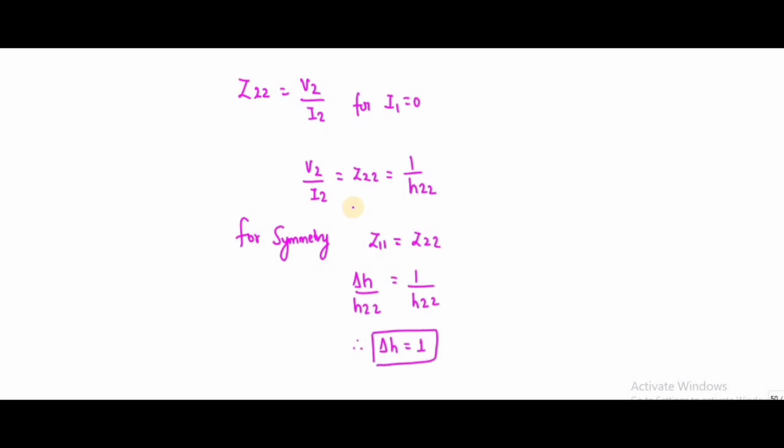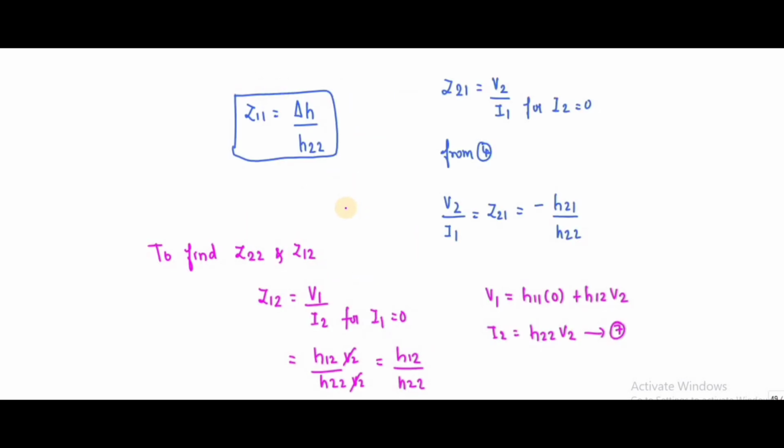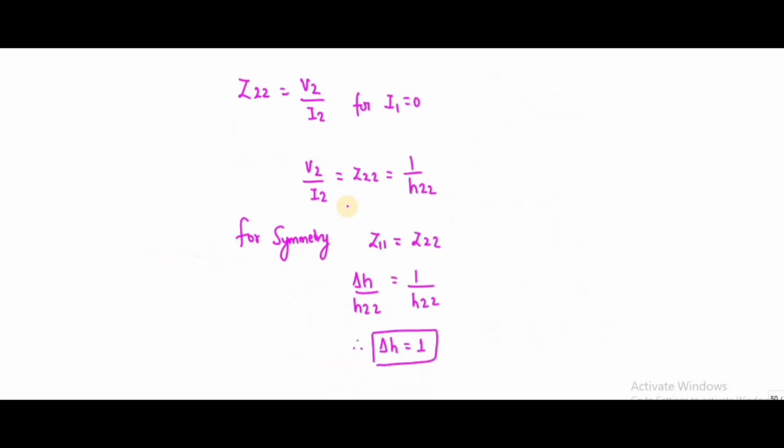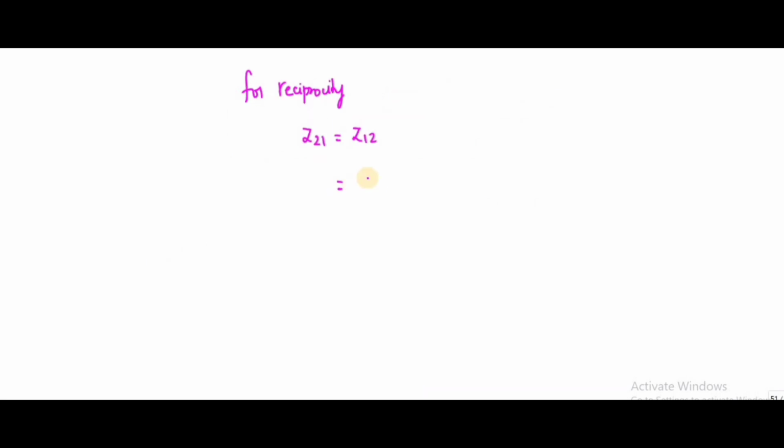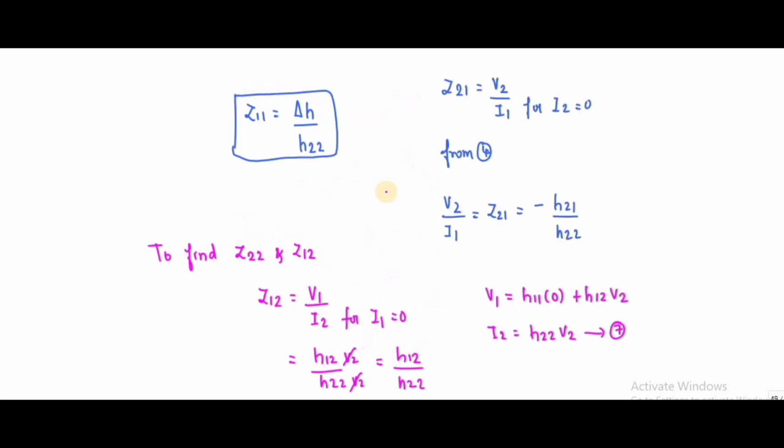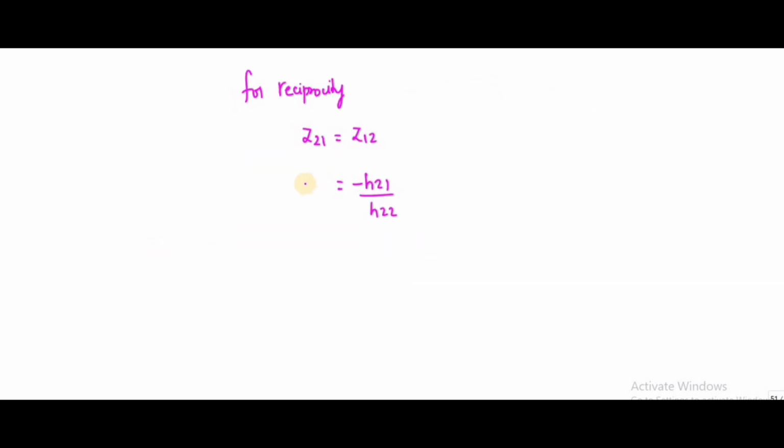Next, for reciprocity. Reciprocity is Z12 is equal to Z21. So substitute the values of Z12 and Z21. Z21 is minus H21 divided by H22 and Z12 is H12 divided by H22.